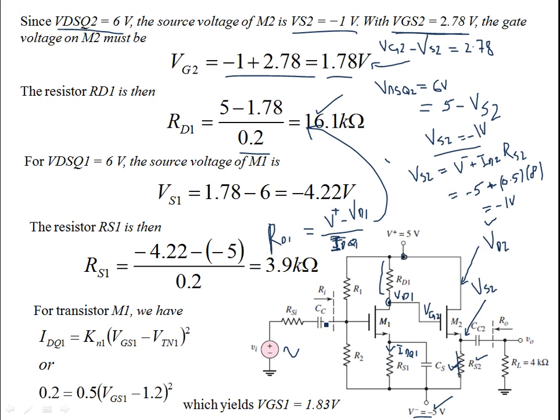Okay, so we are after these resistances. In order to design an amplifier, you need to keep the MOSFET in the required saturation region. The DC biasing should be such that the transistor is biased in the saturation region. For that you need these resistances, so we are evaluating them.